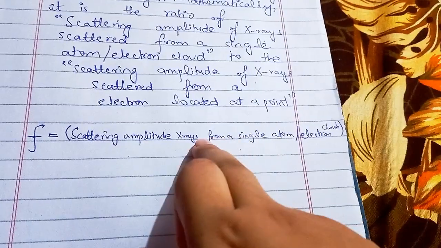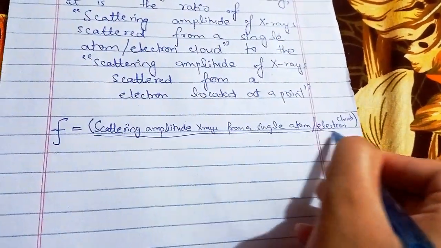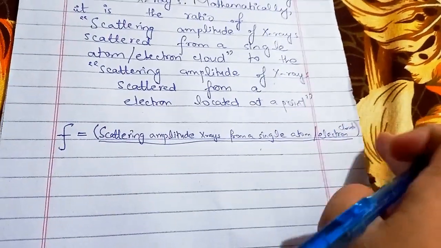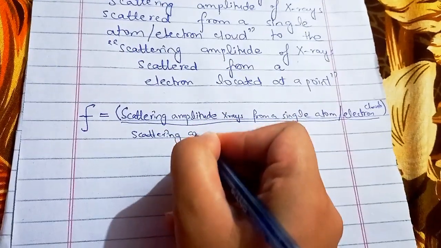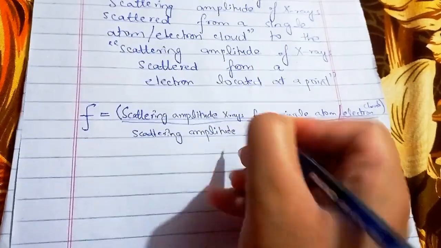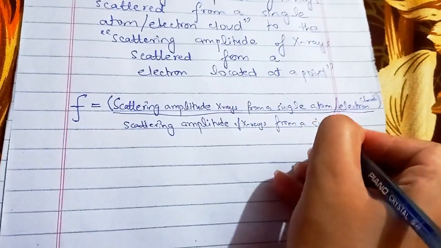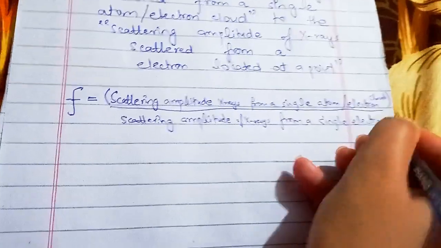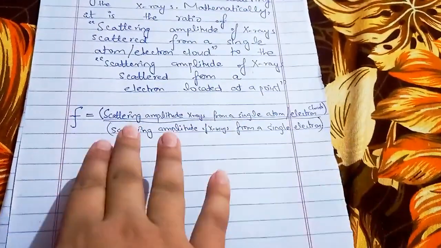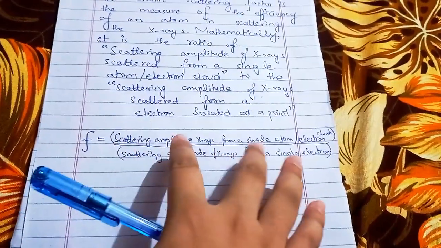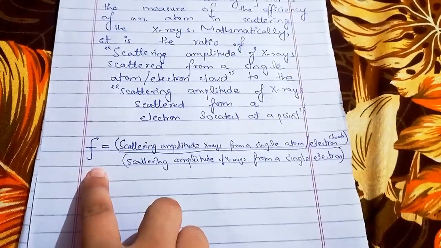But in general, it's from a single atom, including the effect of nucleus. But we have neglected it. We can write electronic cloud as well, divided by the scattering amplitude of X-rays from a single electron. This is the ratio. In mathematical form, if we calculate this ratio, we will get the atomic scattering factor.